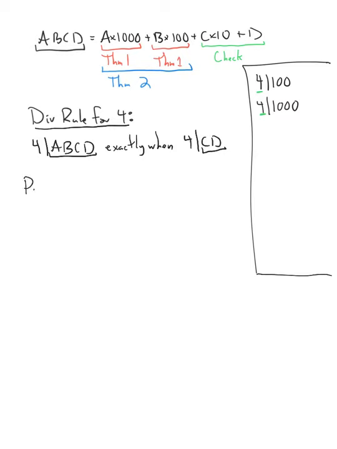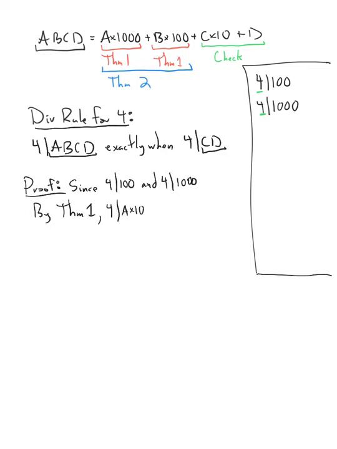Okay, so the proof's going to be the same as the first. Since 4 is a factor of 100 and 4 is a factor of 1,000, well, 4 is going to be a factor of any multiple of 100 and 1,000. So we know by Theorem 1, 4 is a factor of, we'll do it in the same order here, A times 1,000, and 4 is a factor of B times 100.